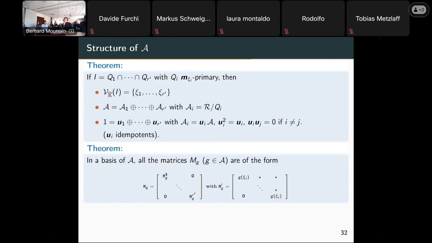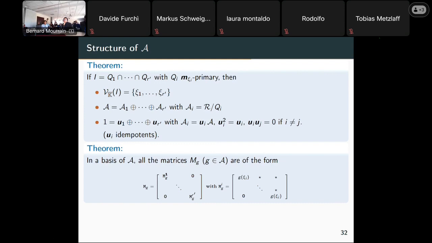We have a decomposition of the Artinian algebra A as a direct sum of local algebras A1, A2, AR prime, where Ai is identical to the quotient by the primary component Qi.